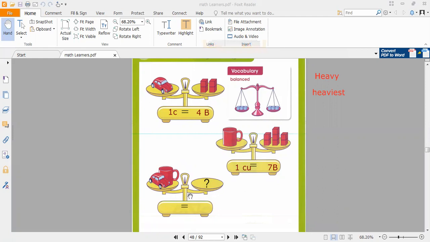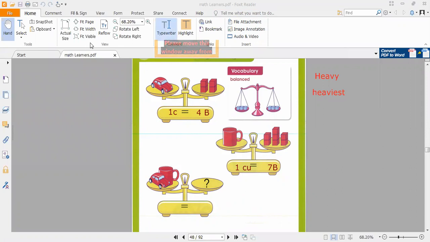Okay, now see in the next picture, we have on one scale, one car and one cup. So how many blocks should be here to make the scale balance, or you can say make the scale equivalent to this? How many blocks should we put?